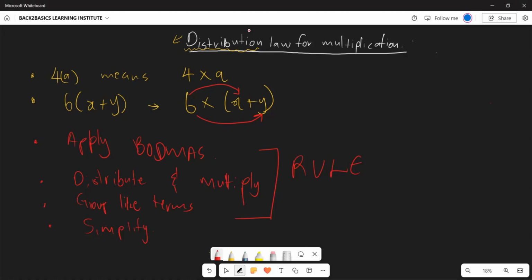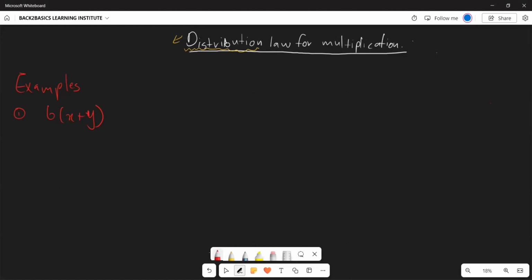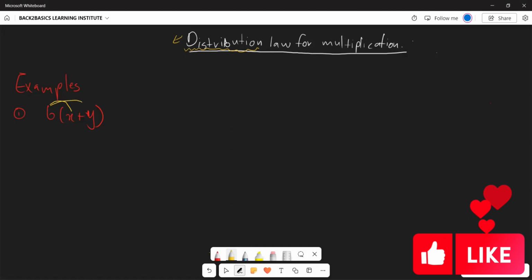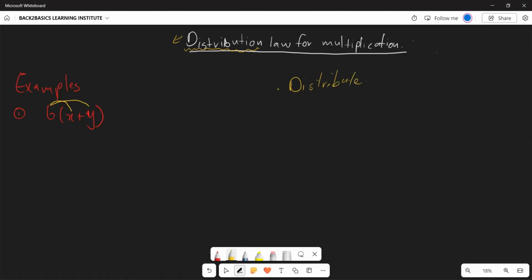Now let's go straight to it. Let's say you are given 6 into bracket x plus y. You are going to start by distributing this 6.